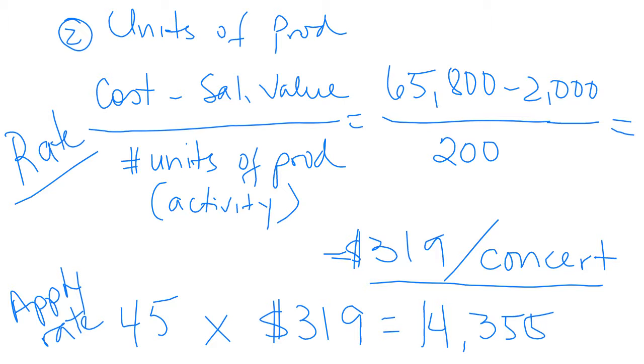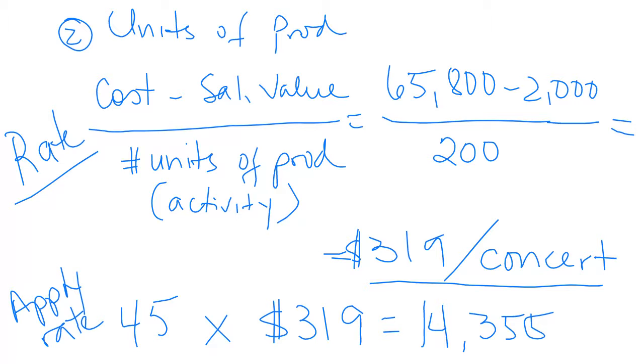So if I go back to Connect right here, I know that the depreciation per concert is $319, 45 concerts for the first year. It already calculated it for me, so 14,355 is the depreciation that I'll be reporting for the first year.